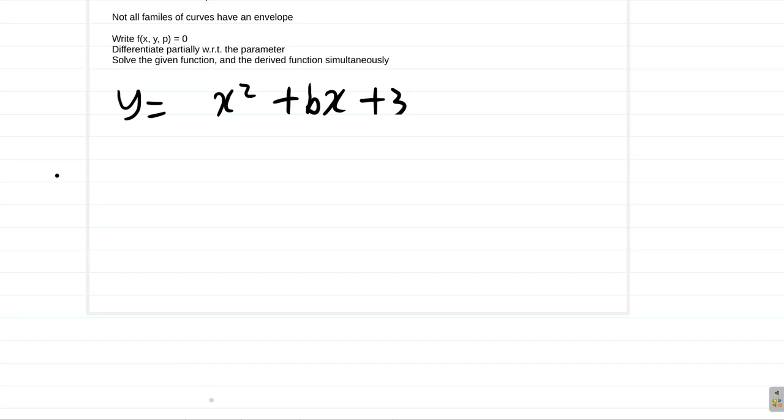So we write it, we're finding the envelope, we write it as x squared plus bx plus 3 minus y equals 0. Now, the partial derivative with respect to the parameter b is going to be x.